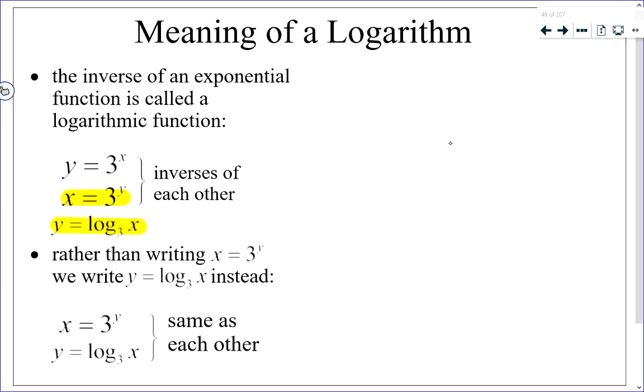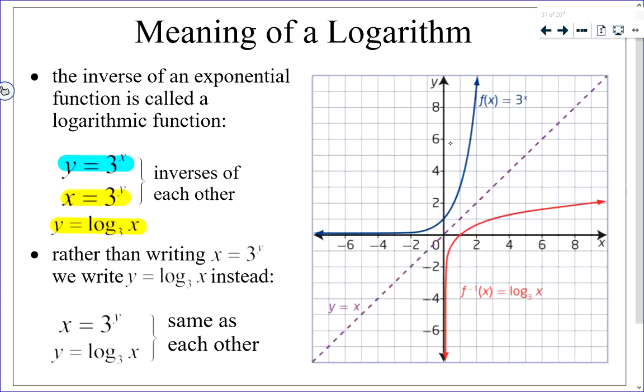This goes back to the beginning where I said the inverse of an exponential function is a logarithmic function. What I have highlighted in blue and in yellow, 2 lines below, are inverses of each other. y equals 3 to the x, the blue graph, and y equals log base 3 of x, the red graph, are inverses of each other.